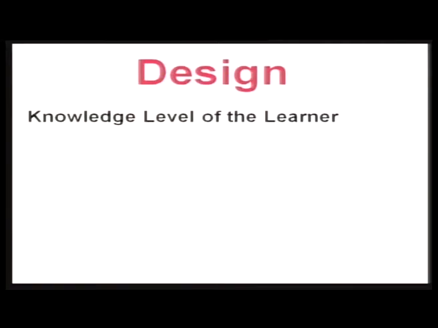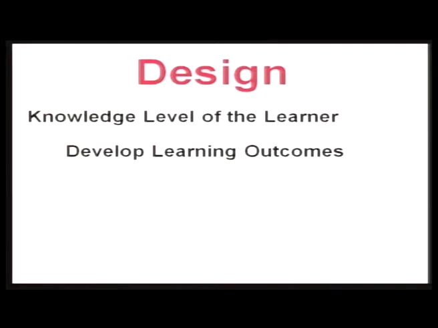We say it's the pre-knowledge. When they come to a training program, what knowledge do they have? Secondly, under the design phase, you have to develop the learning outcomes. That is very important. That is, how do you develop the learning objectives, what is expected of the learners, which comes under the design phase.